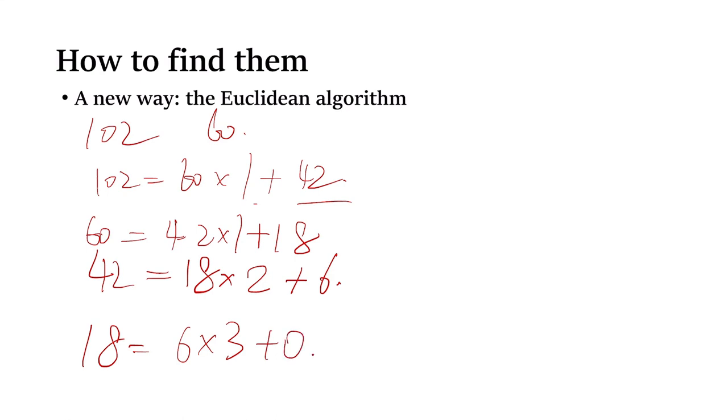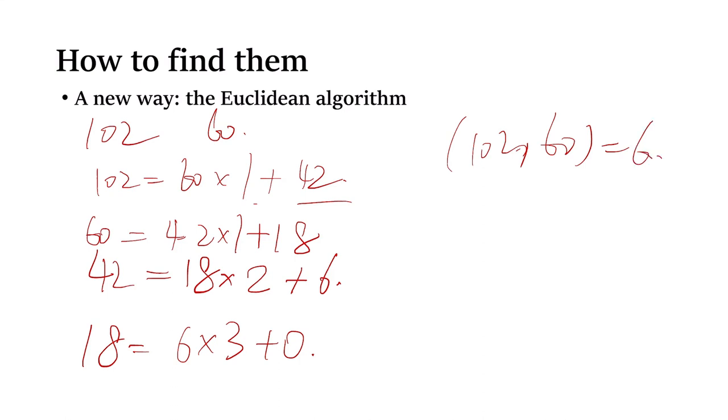So after all those steps, the final B will be the greatest common divisor of the original two numbers, which is 6.